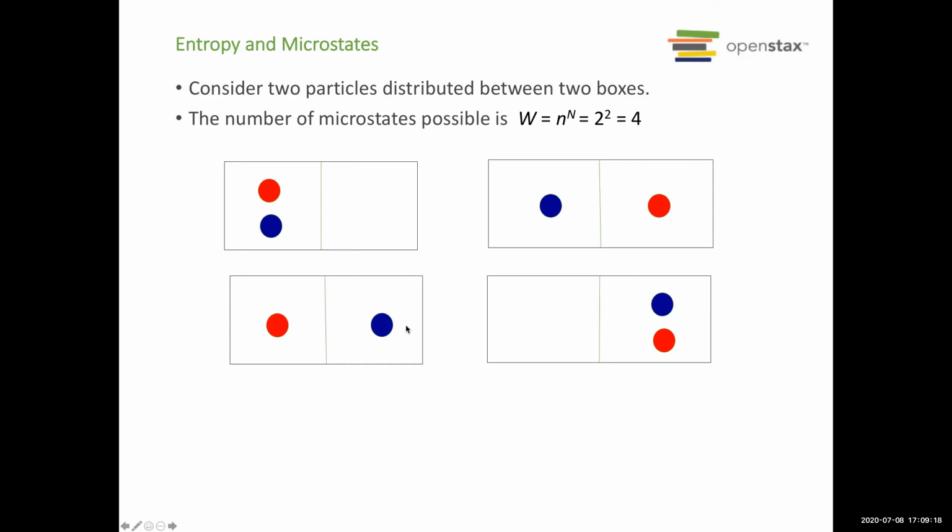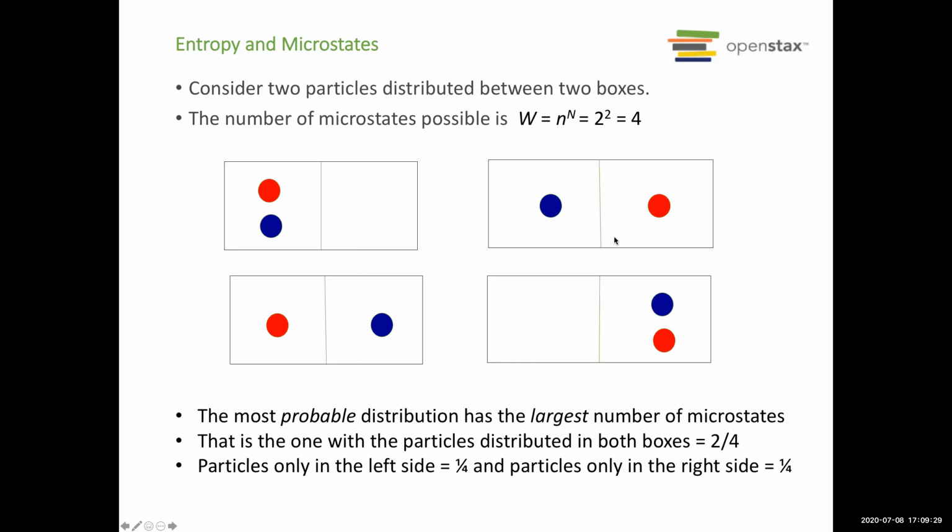And we have 2 microstates with 1 particle in each box. So the most probable situation is 1 particle in each box. The chances are 2 out of 4 for 1 particle in each box, instead of just 1 out of 4 for 2 particles in the left box, or 2 particles in the right box.